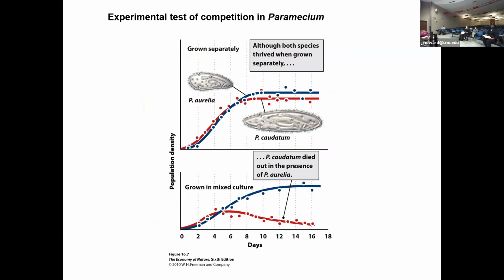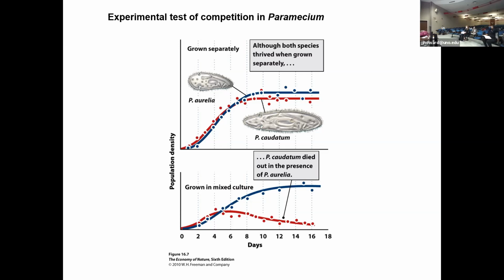Okay, so here's an experimental test of competition in Paramecium. You'll remember that George Gause did experiments on population growth in microorganisms. And here he's doing a competition experiment with the same system. So here he's growing two species of Paramecium in very similar conditions.